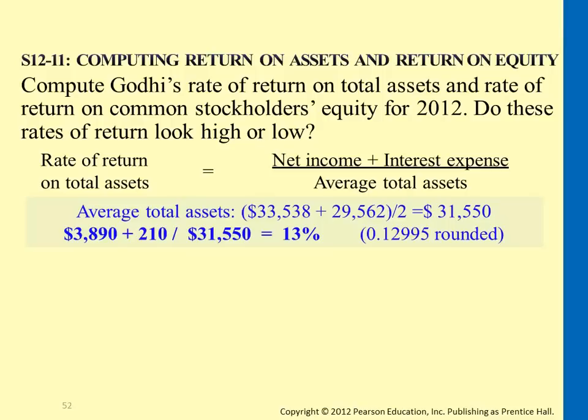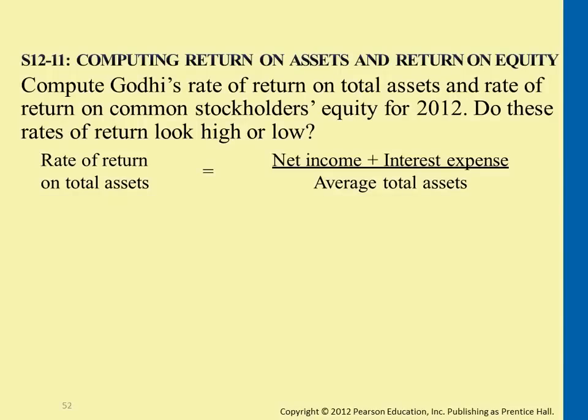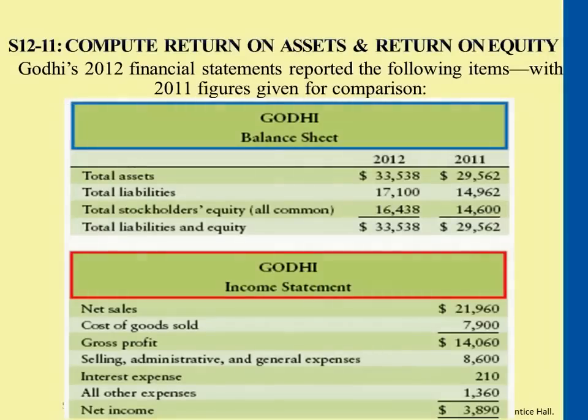So 13% is the rate of return on assets, meaning per dollar of average investment in assets, it turns into $0.13 of return to shareholders and creditors on average. Okay, so remember the rule of thumb here, 13% is above the rule of thumb of 10%, so relatively speaking it's considered strong.